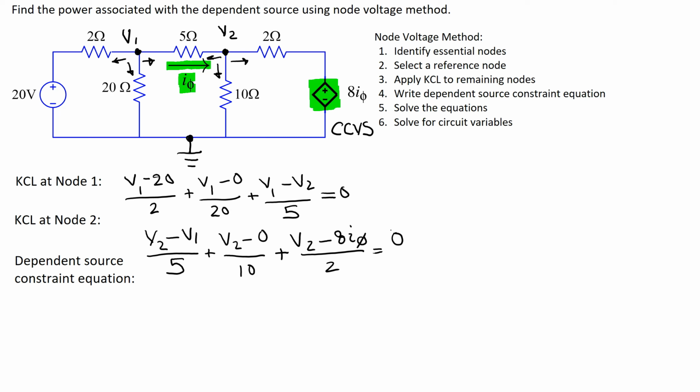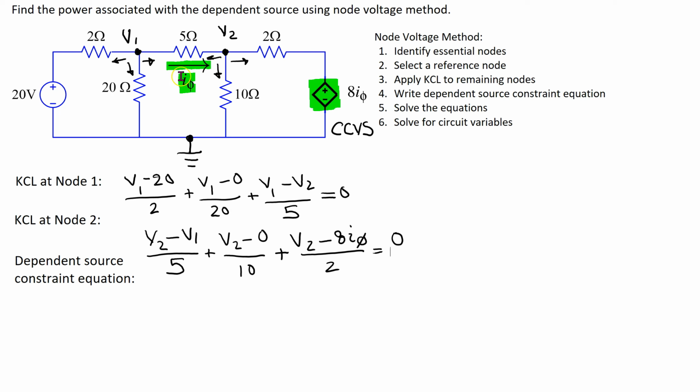The last step is to write the dependent source constraint equation. This means we need to write the controlling variable I phi and express it in terms of the node voltages V1 and V2.